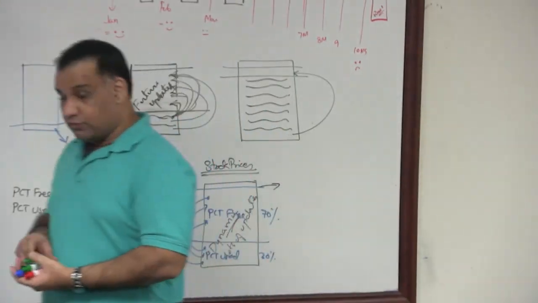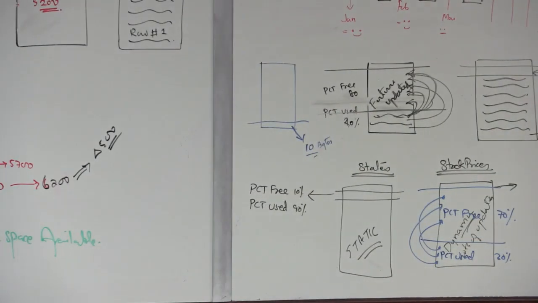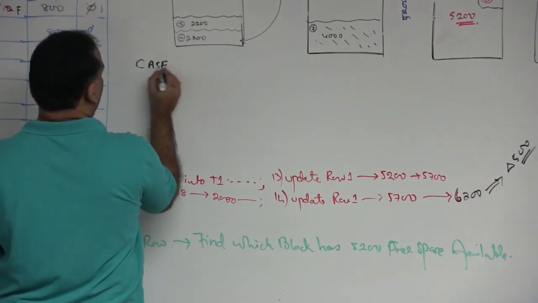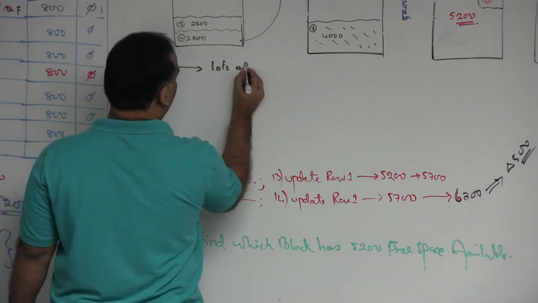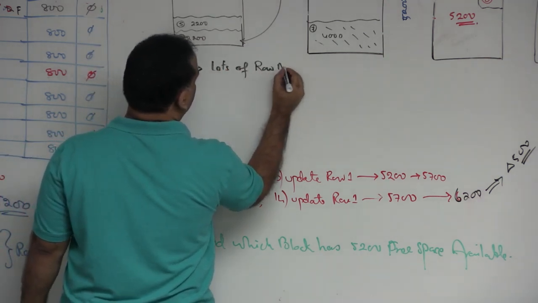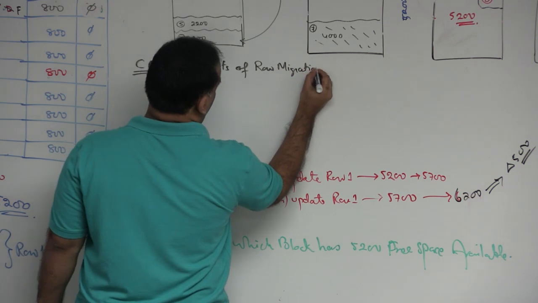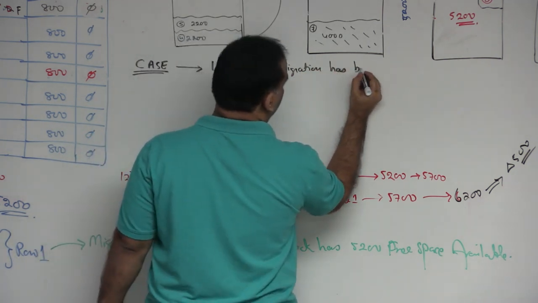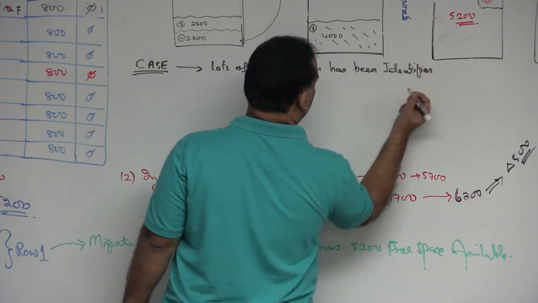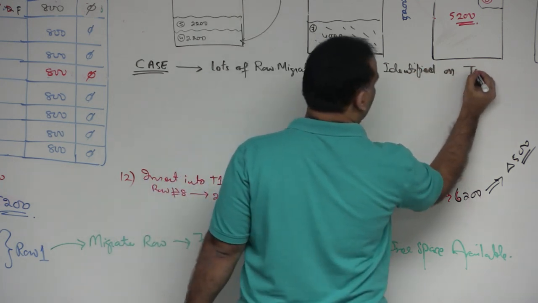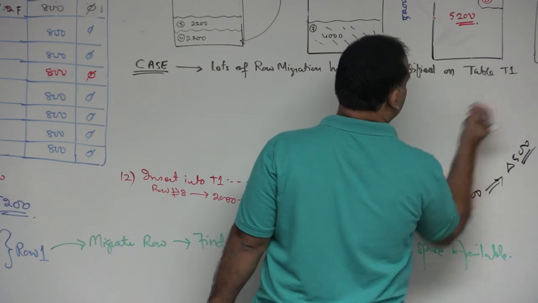In this case, we will require a small downtime. So case: lots of row migration has been identified on table T1.